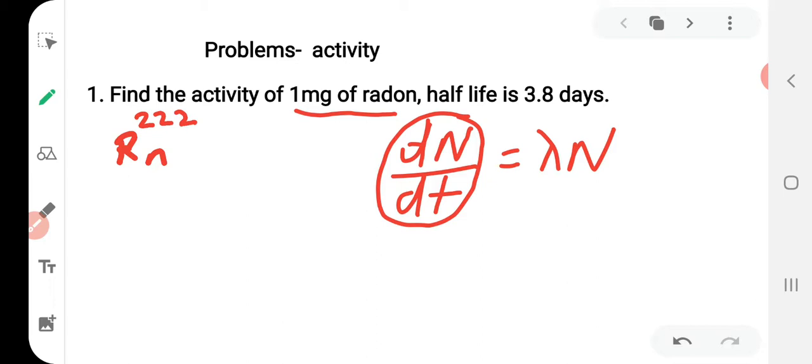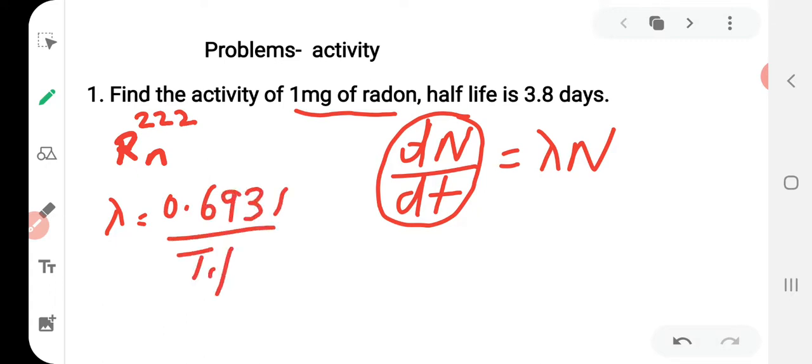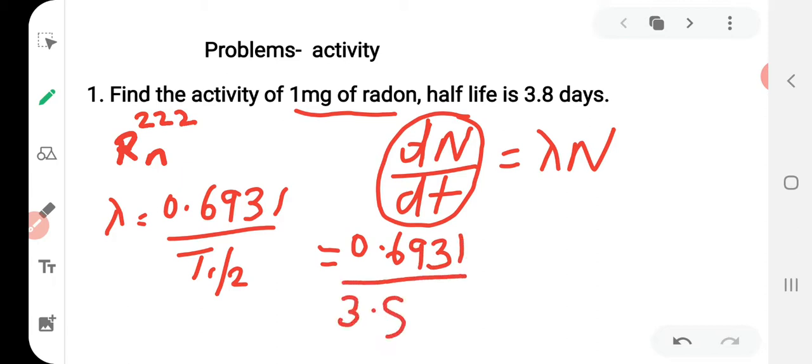Here t half is given as 3.8 days, and we know the relation between t half and lambda: lambda is equal to 0.6931 divided by t half. So lambda will be 0.6931 divided by t half, which is 3.8 days. Here we have to take t half in SI unit, that is seconds.